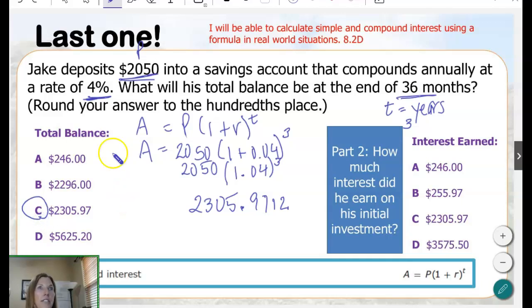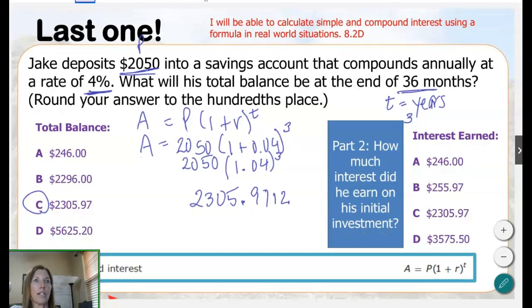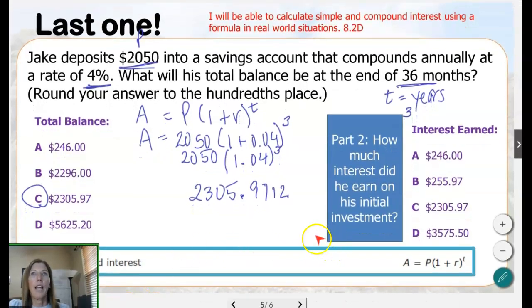All right, so here is an extension to that. It says part 2, how much interest did he earn on his initial deposit? All right, so this is the amount in there now. He started with 2,050.